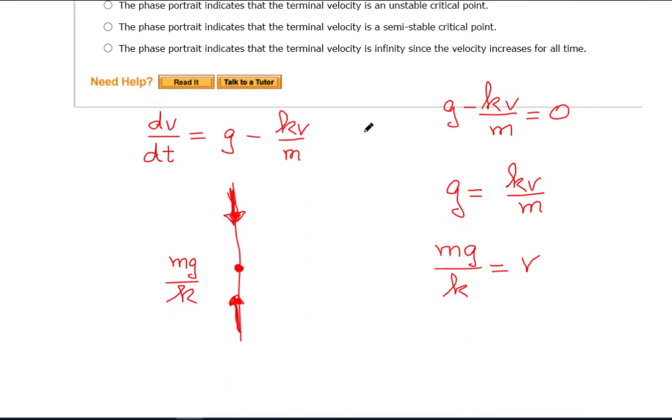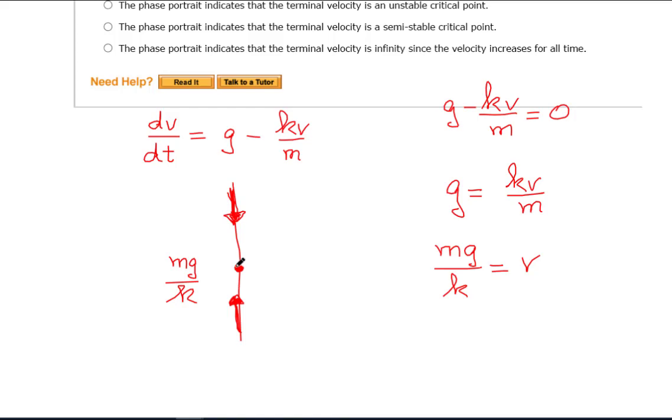So let's look at the critical point. If you divide through by m, you get g minus kV over m, set that equal to 0, and you get that v is mg over k. And so this is a limiting velocity because any value of velocity bigger than it moves down to that particular velocity.